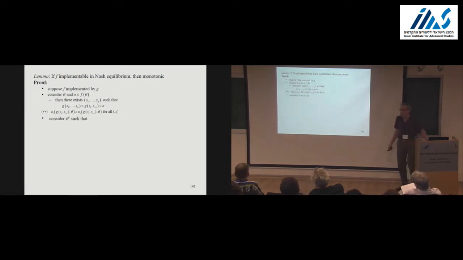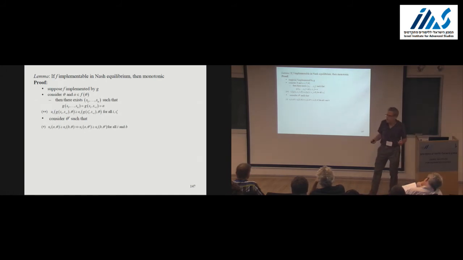All right, so now let's look at another state, theta prime, which satisfies the hypothesis of monotonicity. That is, in going from theta to theta prime, A doesn't fall in anybody's preference ordering.